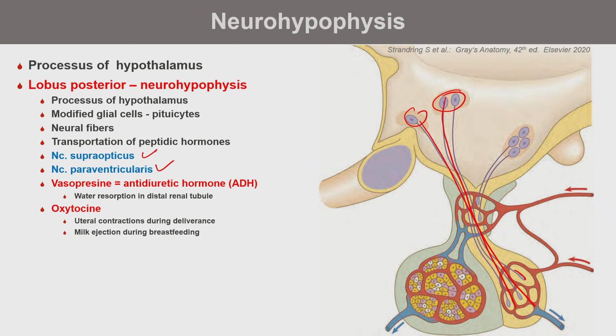This is important in concentration of urine, and impairment of its function could cause diabetes insipidus. So those patients need to drink liters of water a day to sustain the water level in the human body.